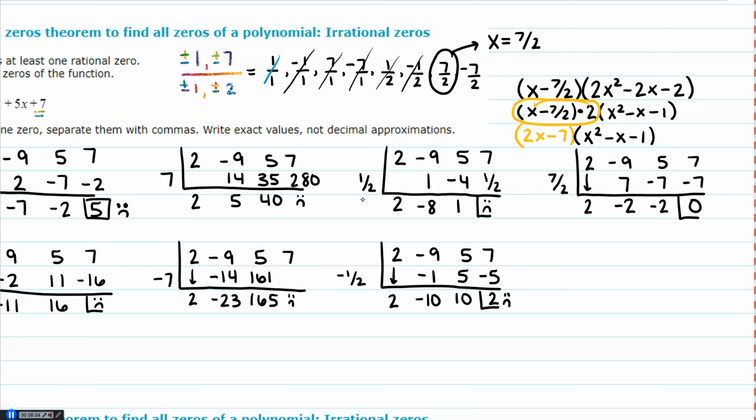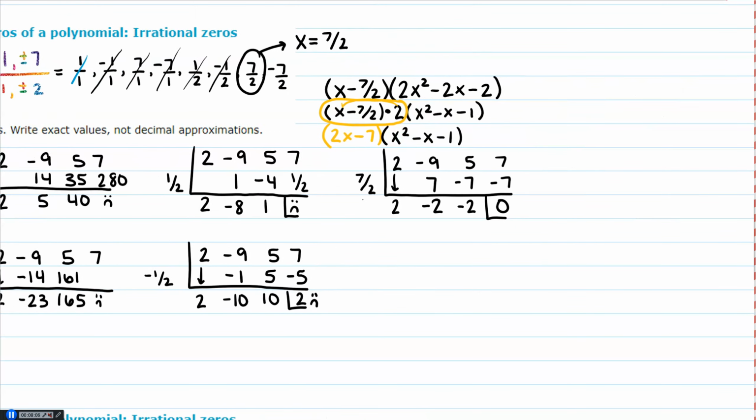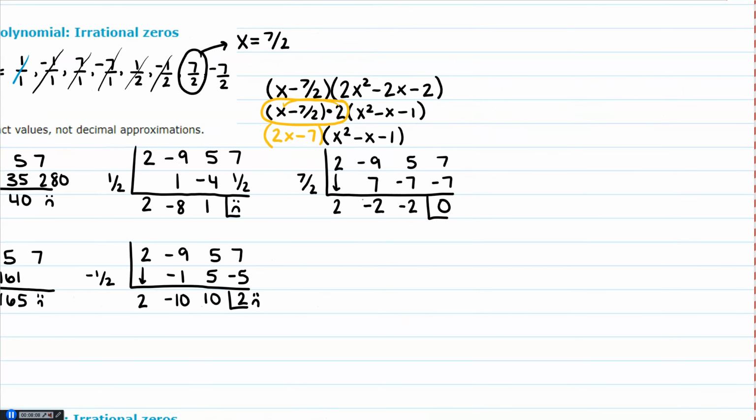Now, since that's quadratic, I can just use my quadratic formula or my rules of factoring. So my rules of factoring are like, hey, what times is to -1 and adds up to -1? And the answer is nothing. So I'm going to use my quadratic formula.